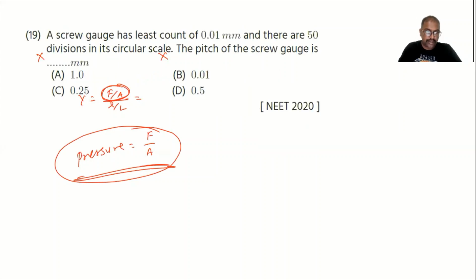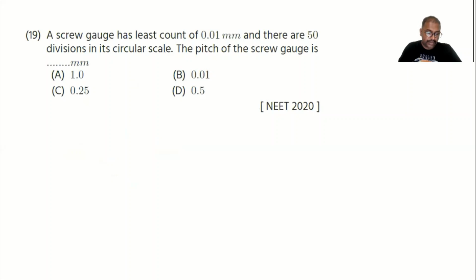Next question, number 19. A screw gauge has a least count of 0.01 mm and there are 50 divisions in its circular scale. The pitch of the screw, in mm, we have to find out. Pitch is the smallest division on the main scale divided by the number of divisions on the circular scale.